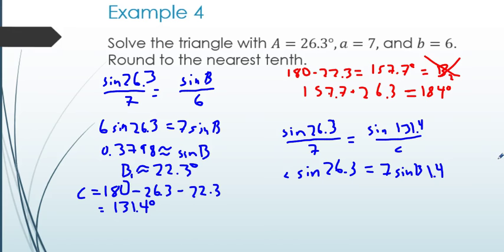And if you're putting this into your calculator, 7 times the sine of 131.4 and divide that by sine of 26.3, I'm getting side C is approximately 11.9.